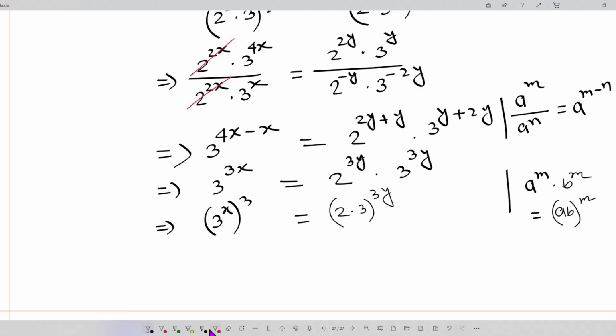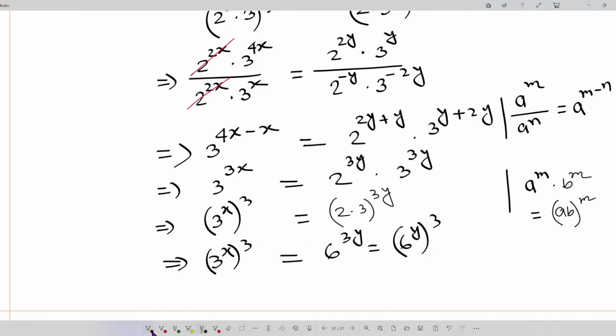Now 3 to the power x to the power 3, and here is 6, 2 times 3 is 6, and here is to the power 3y. This one also we can write 6 to the power y to the power 3.